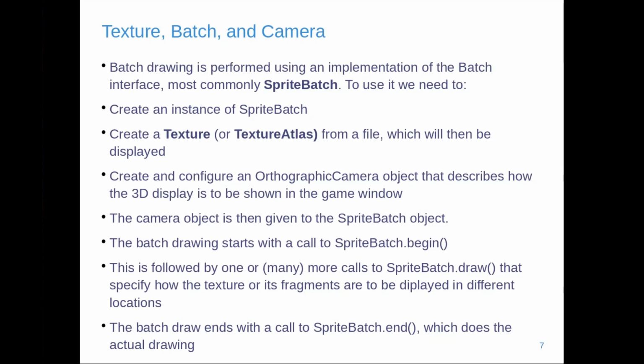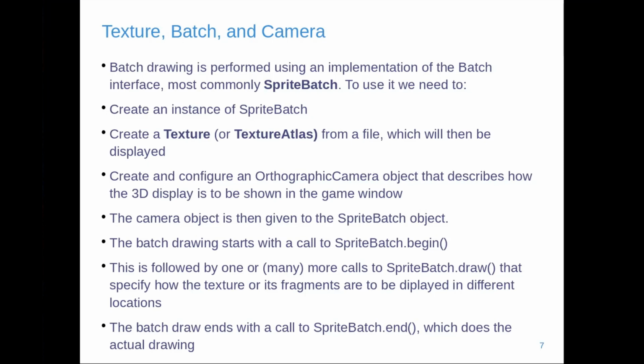Okay, so now how does the drawing proceed? First, we configure our camera to be at a specific location, to look at a particular portion of our world, and we give this configuration to the SpriteBatch. After this, we say, SpriteBatch, let's begin.